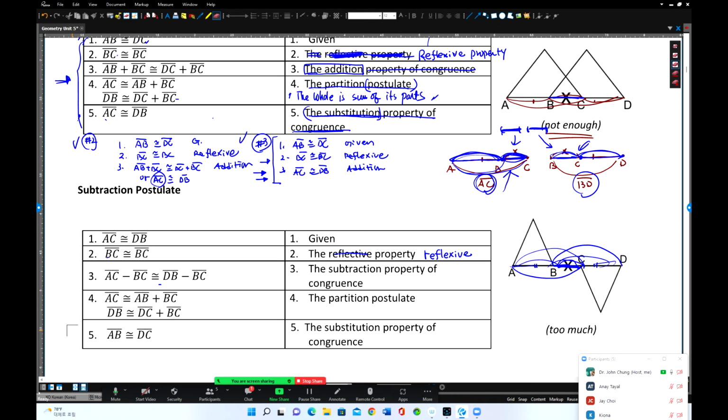Substitution. Actually, this one I will write over here. AB equals AC minus BC, right? AC minus BC is AB, and DC equals DB minus BC, right?